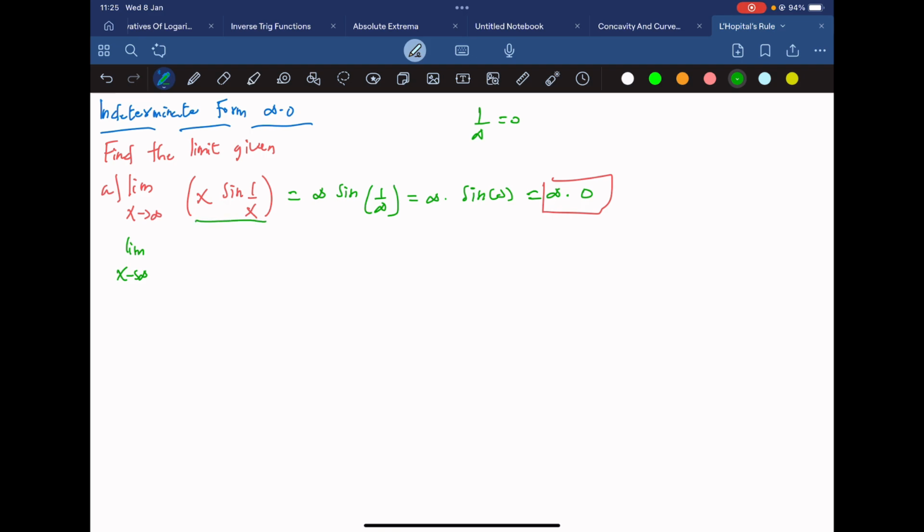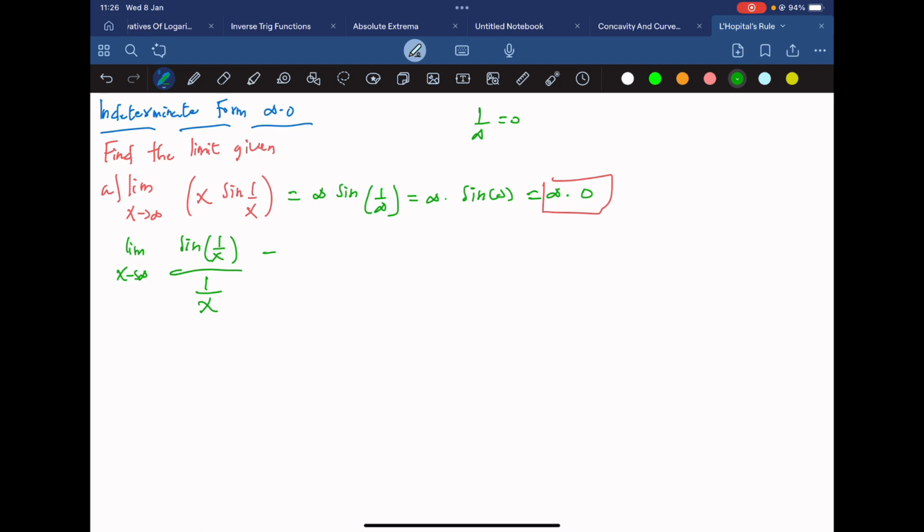In rewriting this expression, you always write this part first. So you have sine of 1 over x, then you find the reciprocal of the other term. Reciprocal means 1 over the term which is here. In this case we have x.